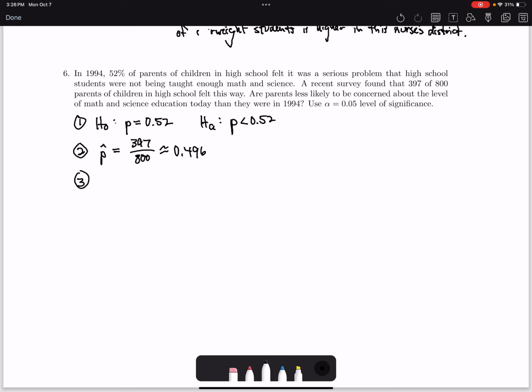So we want to compute the p-value now, right? We want to know, well, if I assume that the proportion of parents who are concerned is the same today, that it's 52%, what's the probability that in my sample I would have gotten a sample proportion of 49.6%? Well, we'll use the normal distribution for this.